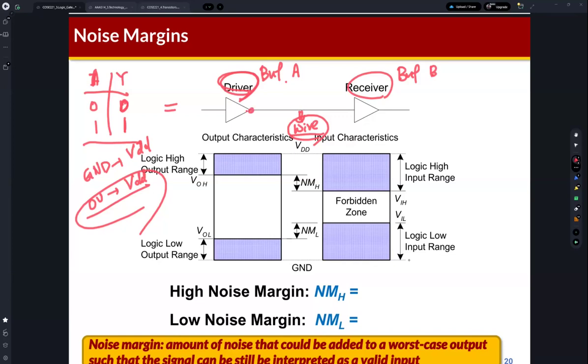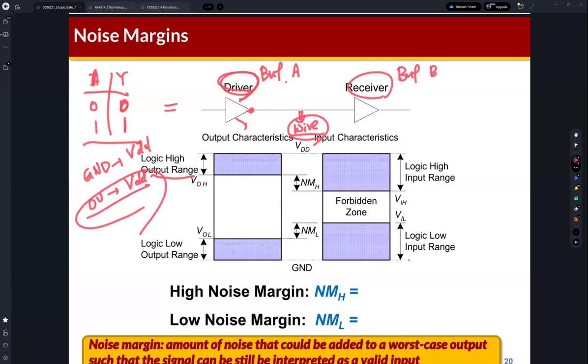Let us assume that this buffer A generates value 1. This is a high voltage. How can we define the allowable range of this high voltage generated from buffer A? We need to decide. Because this buffer is not a perfect device, the output signals can have various values. So we need to decide the logic high output range of this buffer.